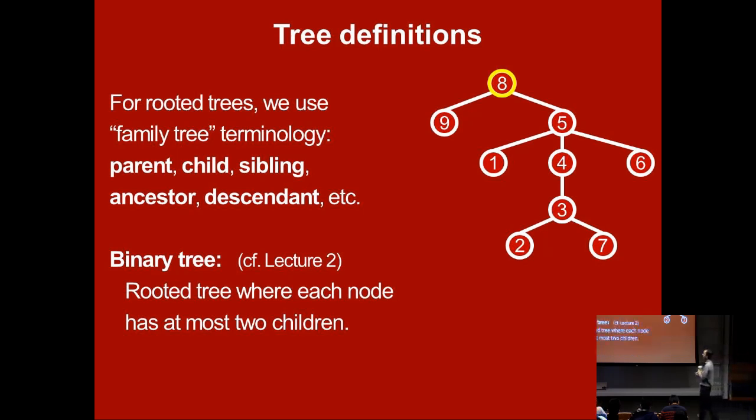And finally, we already had this definition in lecture 2 of a binary tree, but it's the same concept. A binary tree means a rooted tree where each node has at most 2 children. So in lecture 2, we defined it with some axiomatic or deductive system, but this is another way to define the same concept.